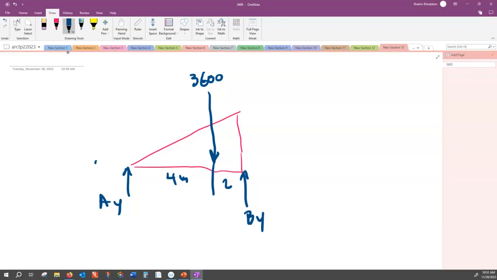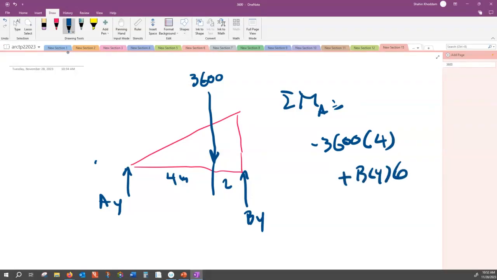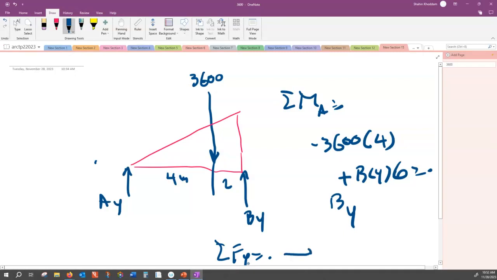Easy. I take net rotation with respect to A equal to 0. That is minus the resultant times 4 plus By times 6 equal to 0. From here you find By, and then net forces in the y direction equal to 0 gives you Ay. Or you can take rotation with respect to B to find Ay. Make sense? Okay.